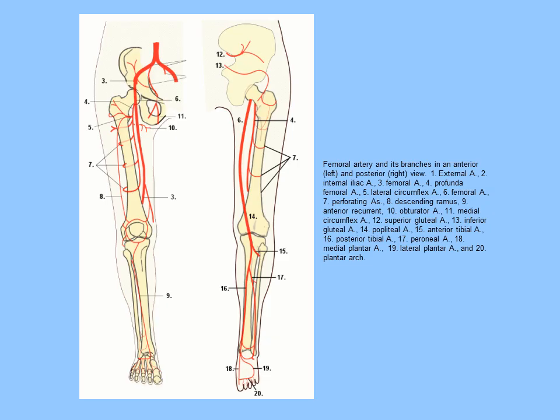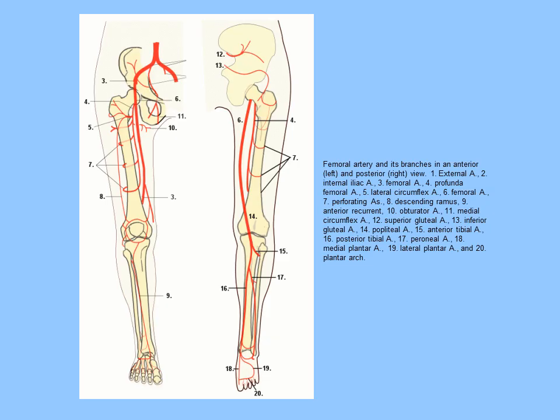Fairly soon after the femoral artery passes the inguinal ligament, it gives off a deep branch called the profunda femoral artery, very similarly to how the brachial artery gave off the profunda brachii or deep brachial artery. The femoral artery gives off the profunda femoral artery, which courses down the thigh.